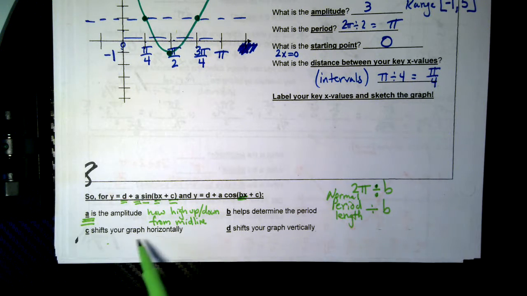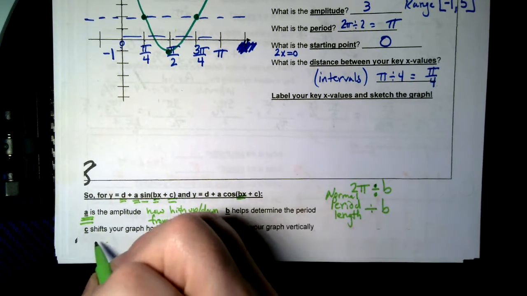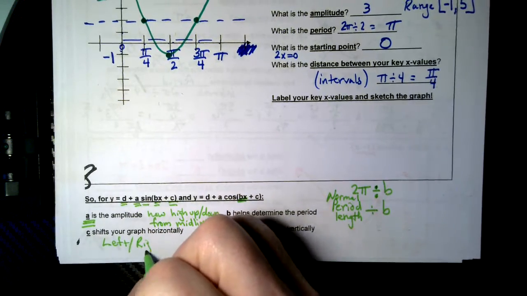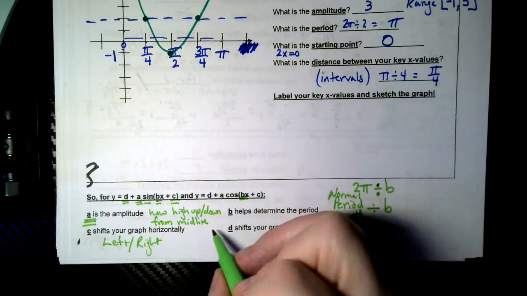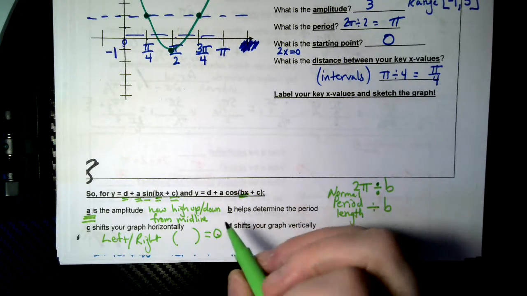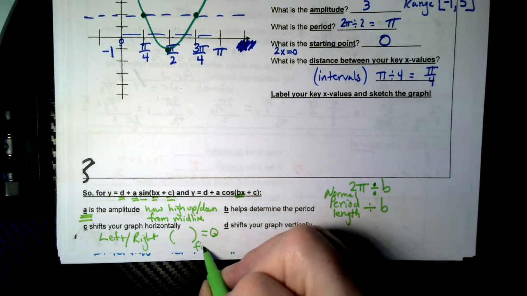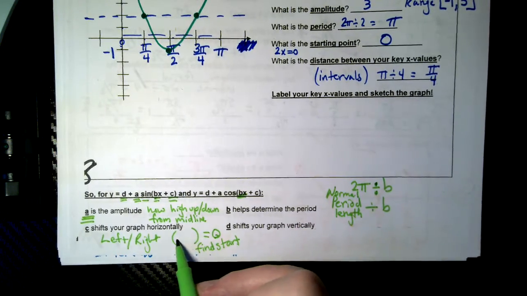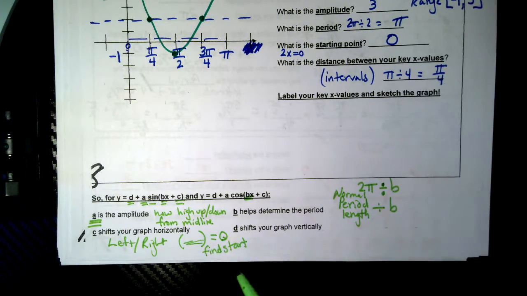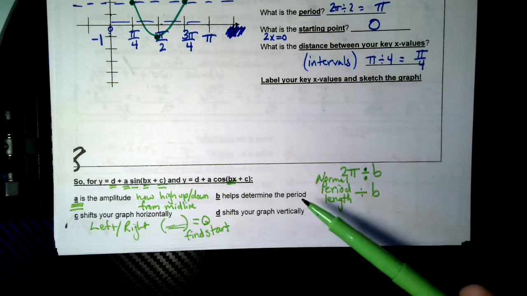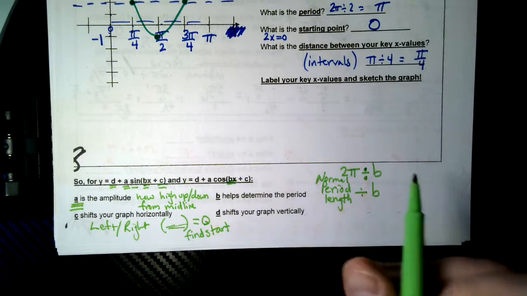To shift your graph horizontally, to make it go left and right, you take the parentheses and set it equal to 0 to find the start. Whatever's in the parentheses, set that equal to 0, solve it, and that'll give you where it all starts, and that'll tell you, hey, did it shift left or did it shift right?